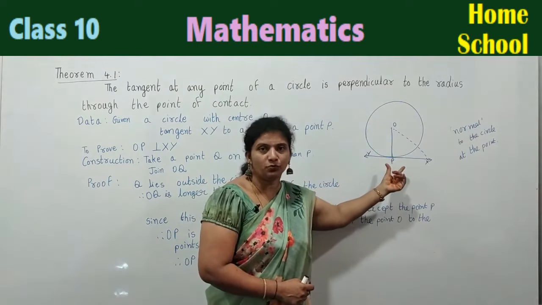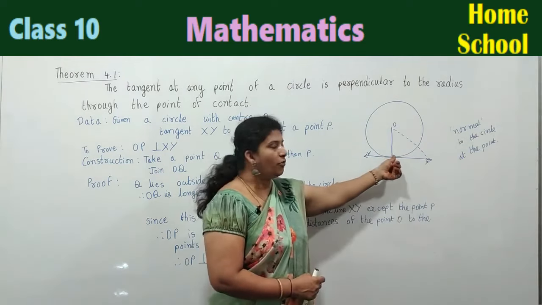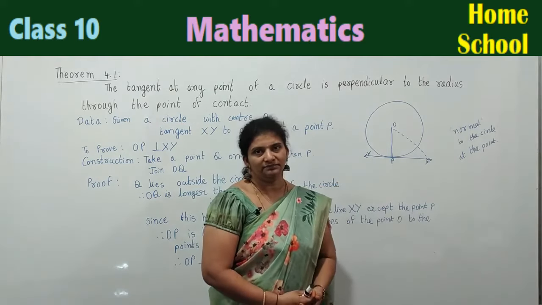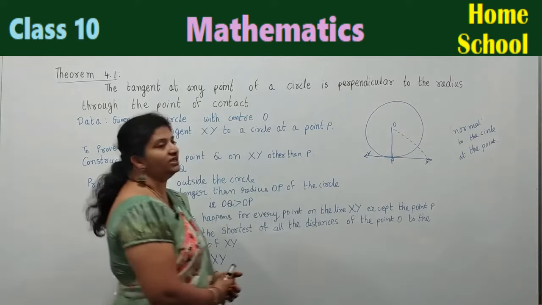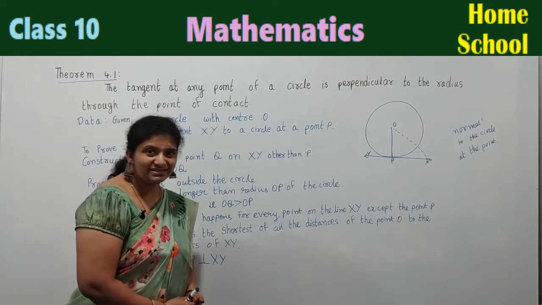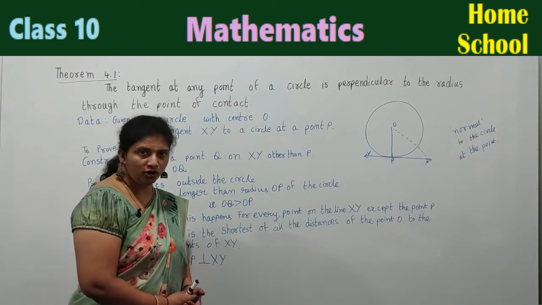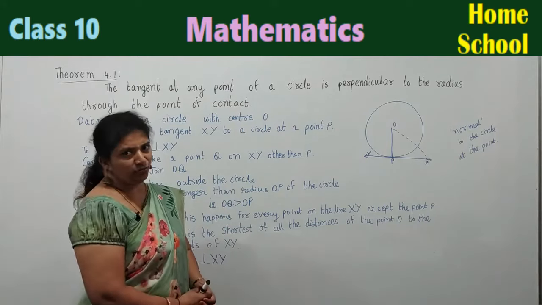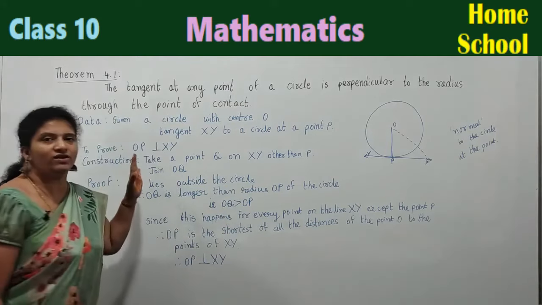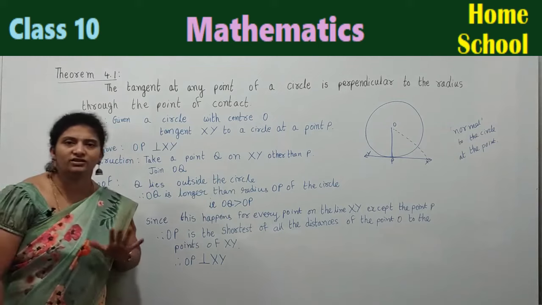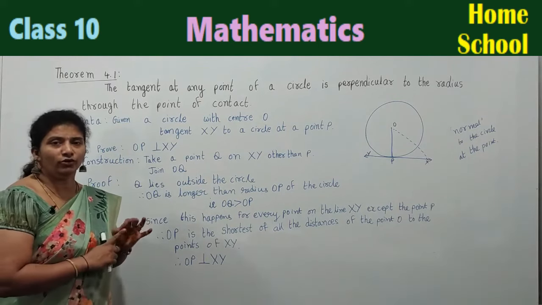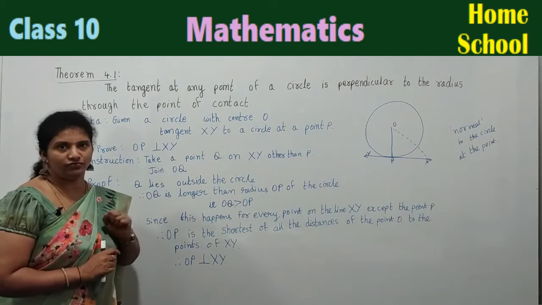They asked us to prove that the radius through the point of contact is perpendicular to the tangent. As usual, there are 5 important points for your theorem: statement, data, to prove, construction, proof.